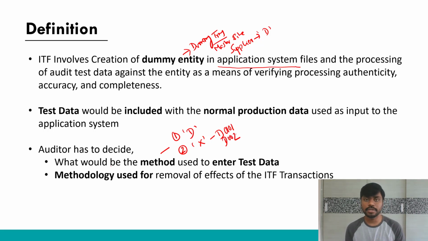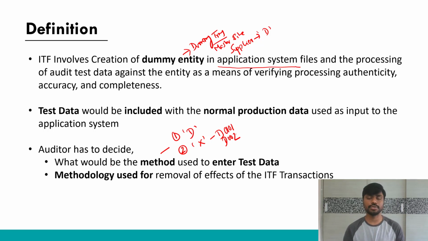By this methodology also, we can tag the dummy transactions even though they are in the production environment, and ensure these transactions are ignored whenever you are reviewing any reports or any data you are publishing. So please ignore this data. This is how the auditor has to find ways to enter the data. The second thing he needs to keep in mind is the methodology used for removal of the effect of these transactions.